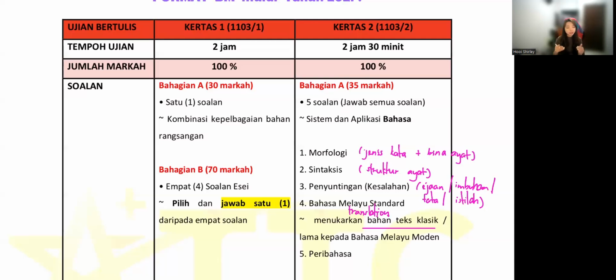So as long as you understand the storyline, the jalan cerita for your Form 4 and Form 5 prosa tradisional, and you are familiar with all the watak in the story, then it is not that hard because you know what's happening. So when it comes to the exam and they extract a part, you can automatically relate to what's happening, and then you are able to do the translation. Later, I will teach you the technique, how you should do the BMS.